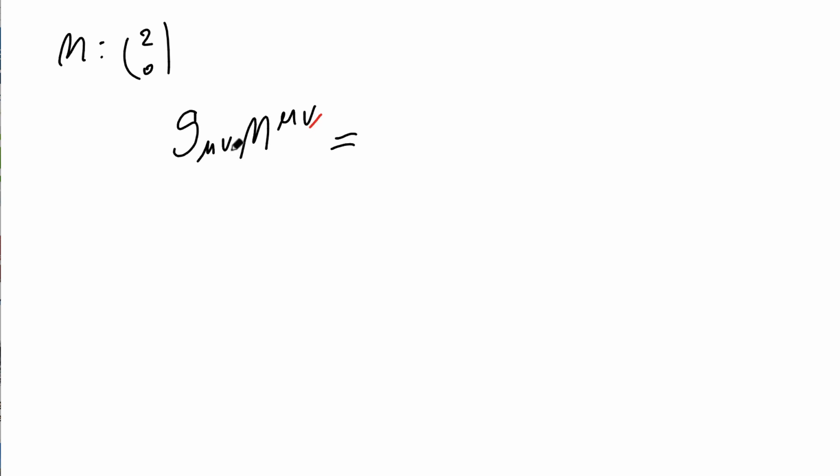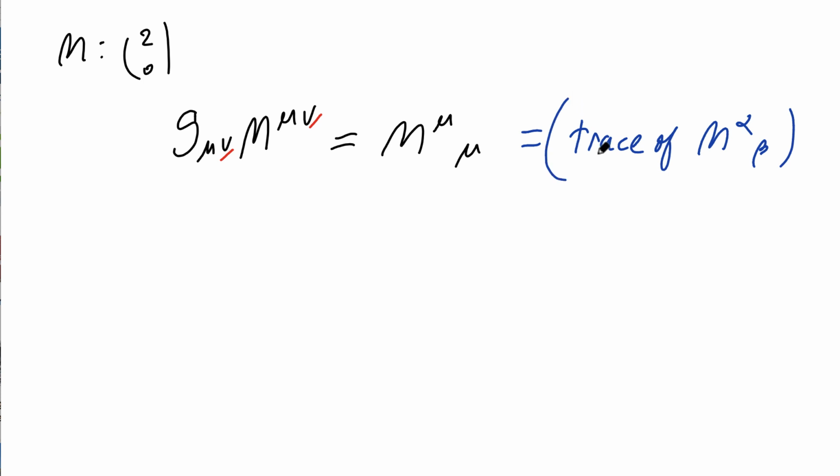So focusing on these indices, we have the same base letter, and then we use g to replace this upper index nu with the lower index mu. Remember, there's a sum over the repeated index mu, so if we think of M with one upper and one lower index as a matrix, then this is equal to the trace of that matrix M, say alpha beta. And this process of setting two indices equal to one another so that they're summed over is sometimes called index contraction.